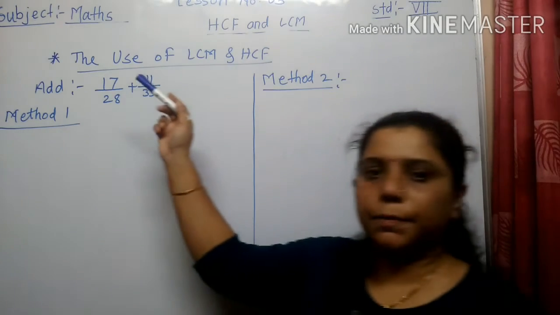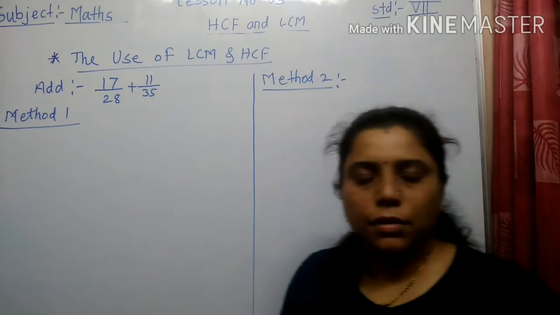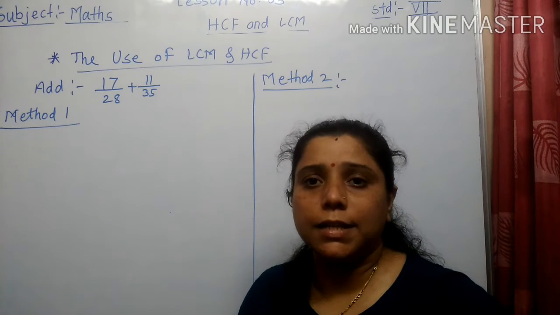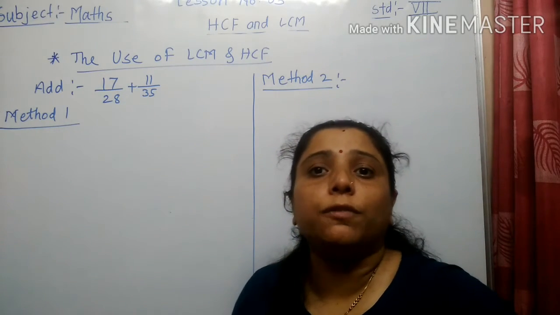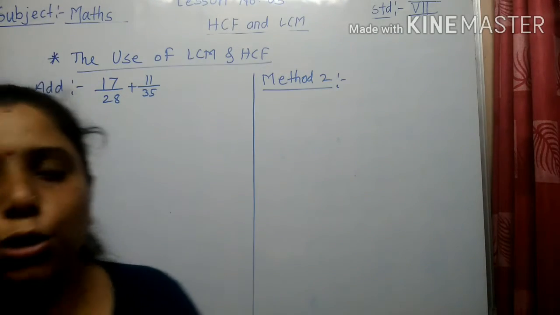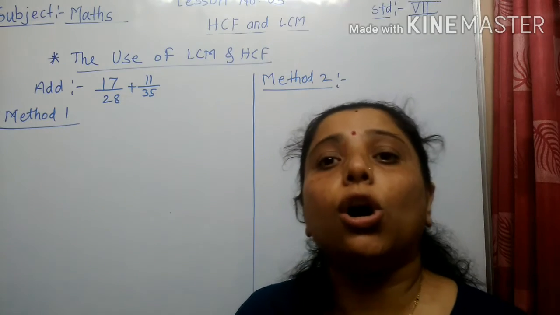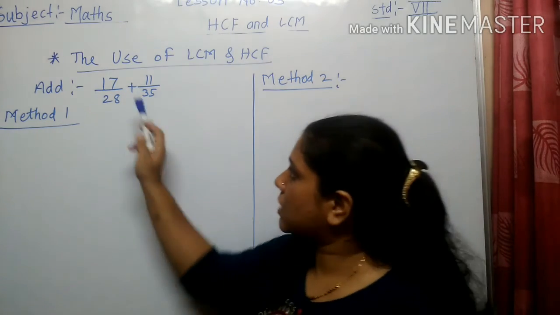Now the next concept is the use of LCM and HCF. Where do we have to use this concept of LCM and HCF? For the addition of fractions. For adding fractions, you know the basic operation of fractions.